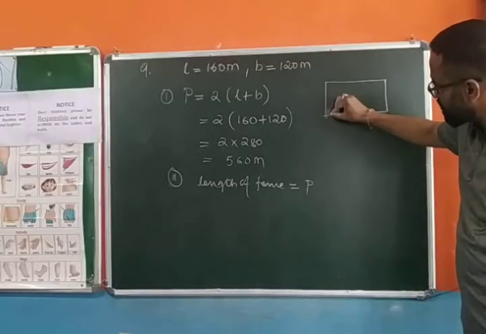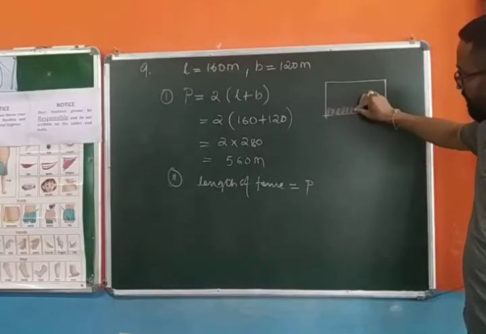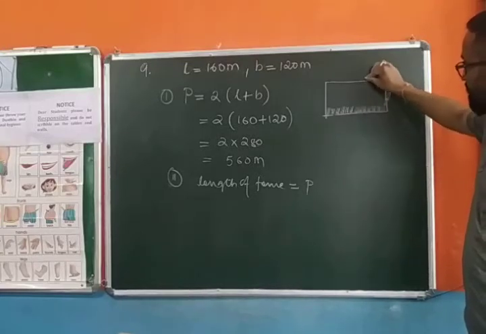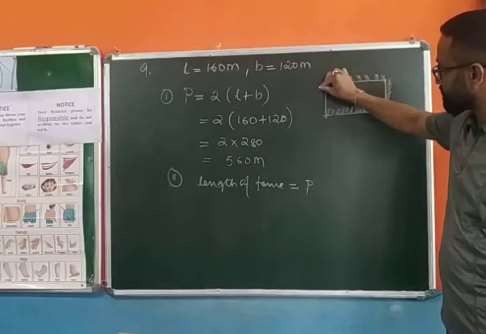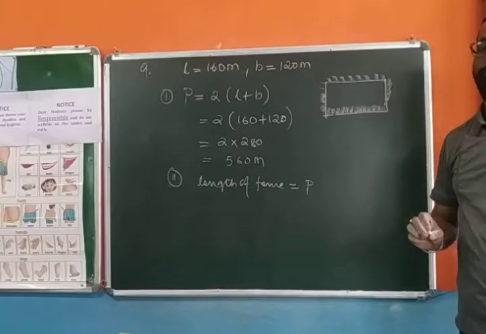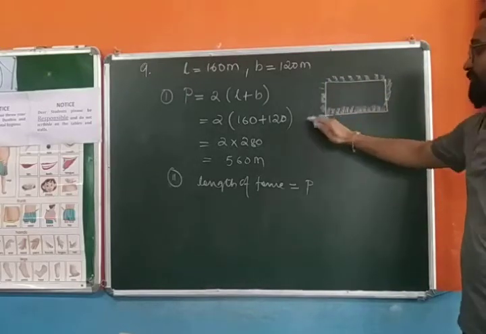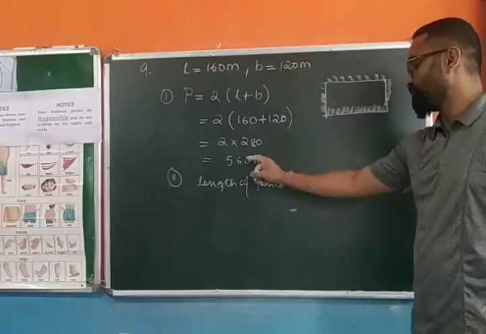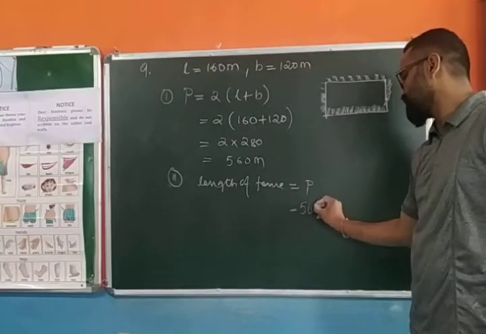So we will be putting fencing on the length and it has to be kept on the breadth, all sides. So this fencing's length is nothing but the perimeter, and we know the perimeter is 560 meter.